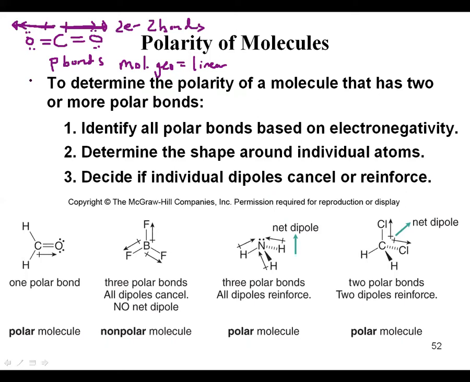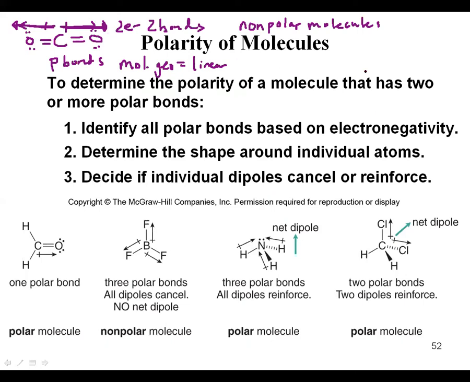So CO2 is a very good example of something that does have polar bonds, but the molecule itself is going to be nonpolar, because those polar bonds essentially will cancel each other out. Now, those little dipole arrows that we draw are basically vectors, which means they have direction and magnitude. And in this particular case, they end up canceling each other out.